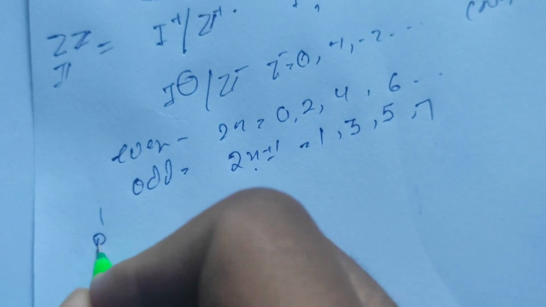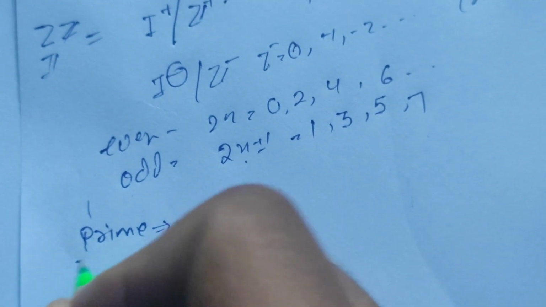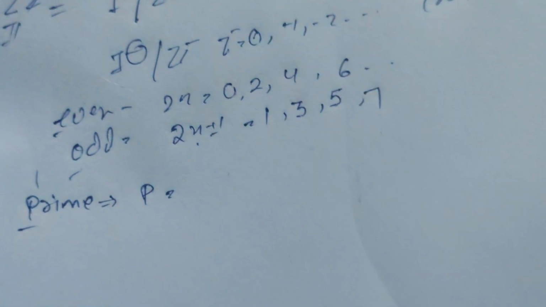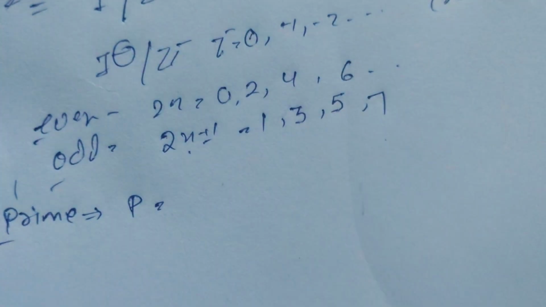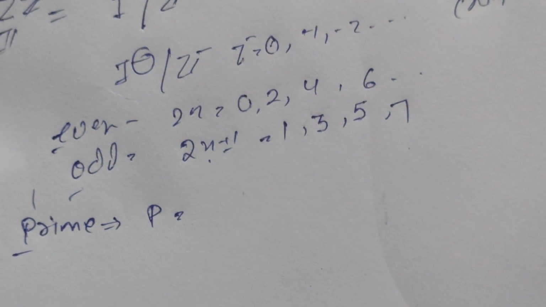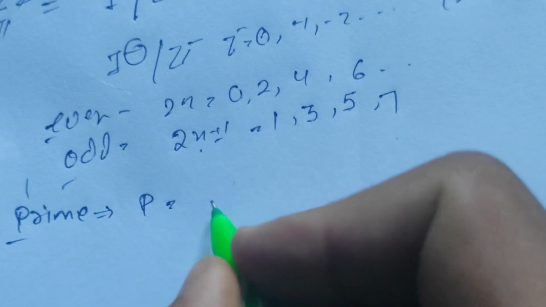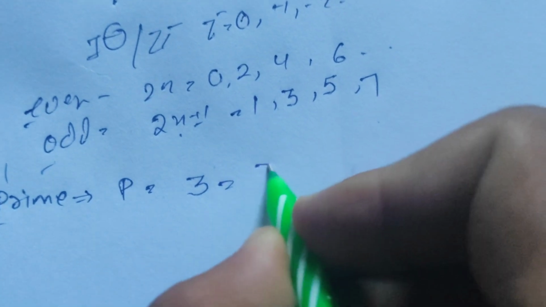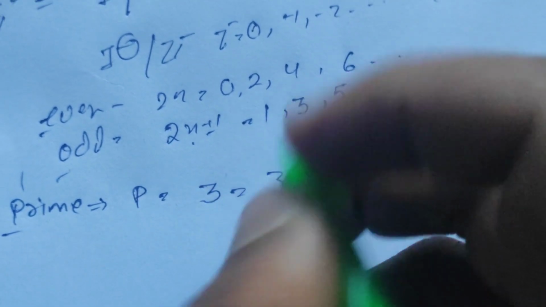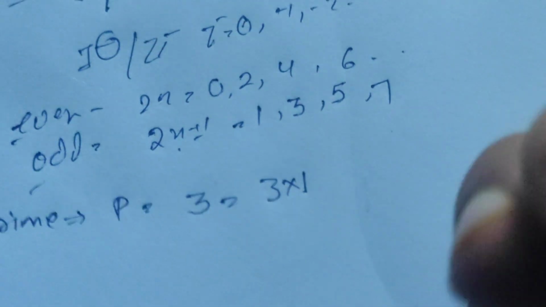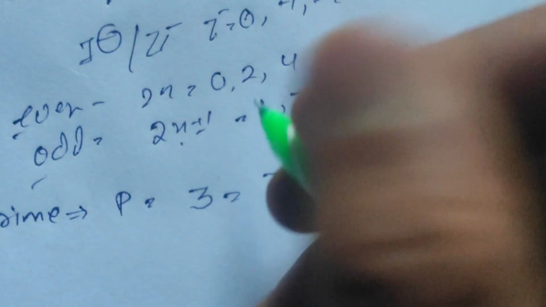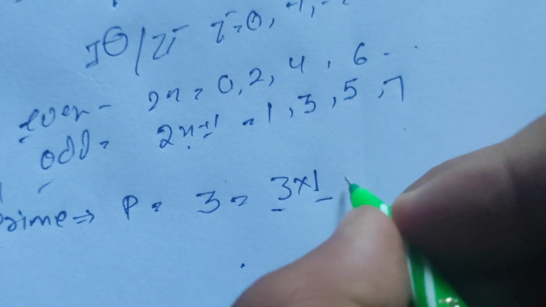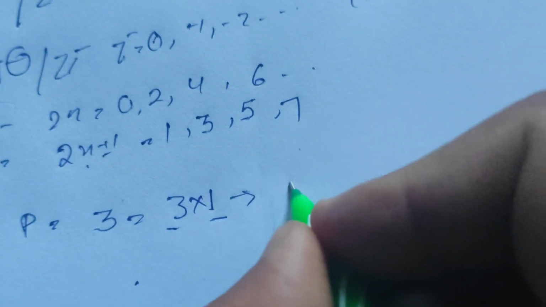Prime numbers are denoted by p. Prime numbers are those whose factors are only 1 and that number. For example, 3 has the factors 3 and 1, so it has only two factors: 1 and the number itself.